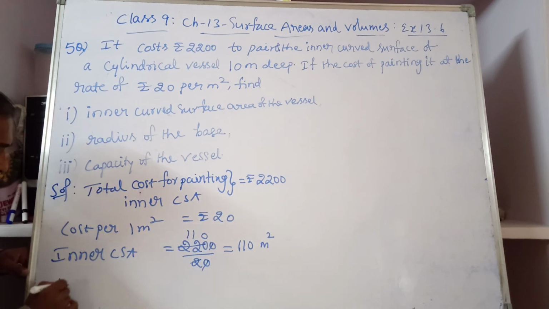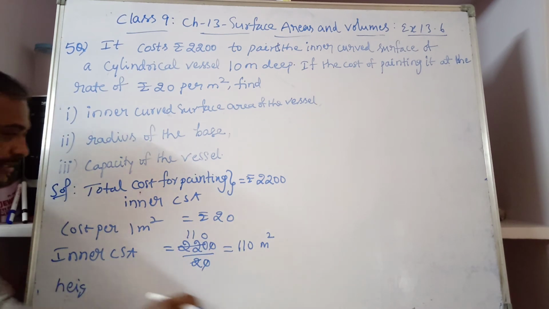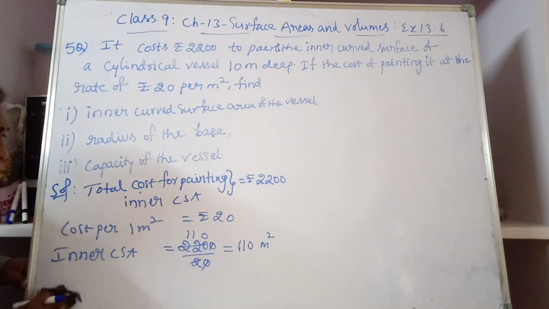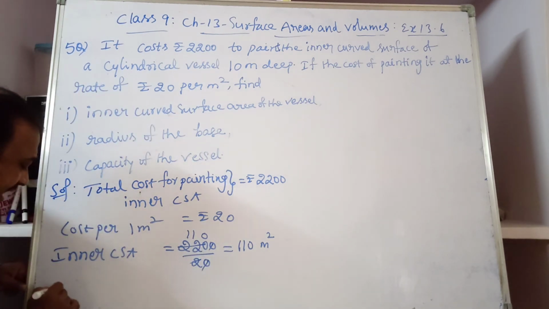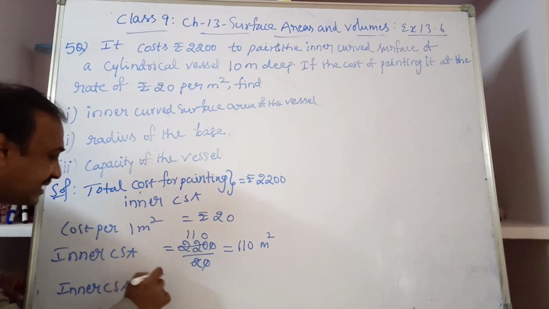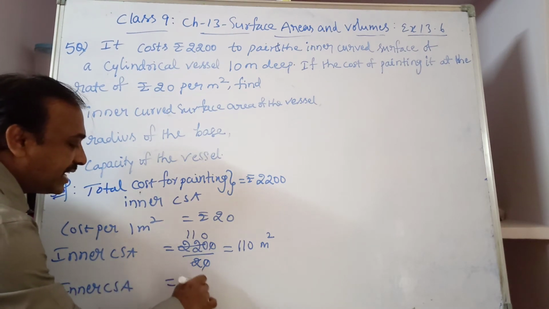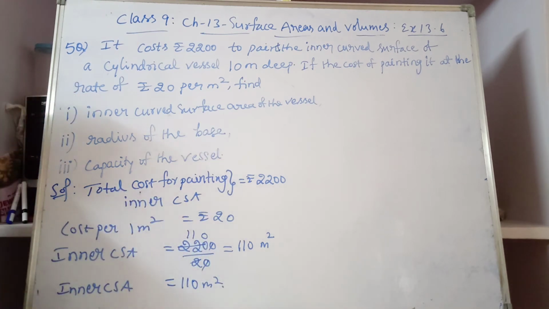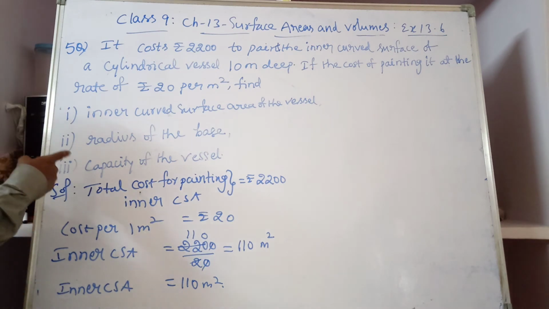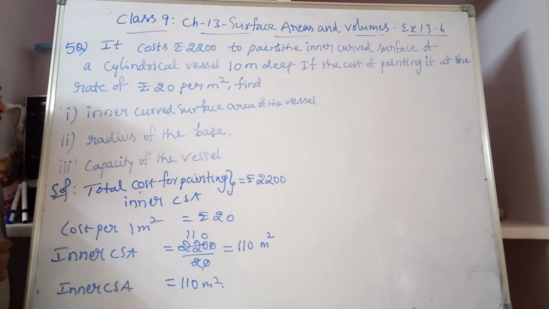So first we write inner CSA is equal to 110 meter square. Now we even have to calculate the radius of the base and the capacity of the vessel.